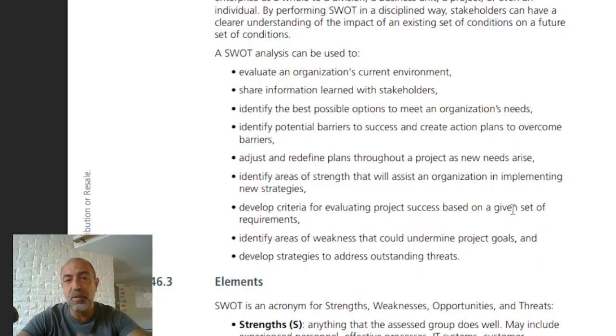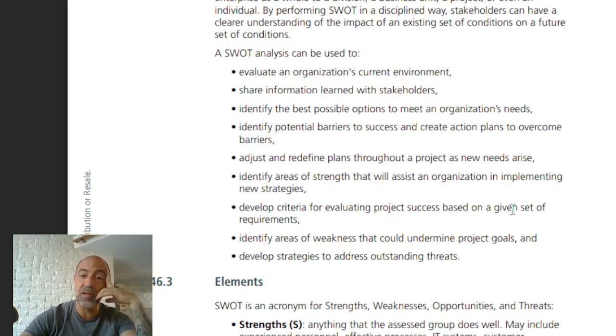SWOT analysis can be used to evaluate the organization's current environment, share information learned with stakeholders, identify the best possible options to meet an organization's needs, identify potential barriers to success, and create action plans to overcome barriers.